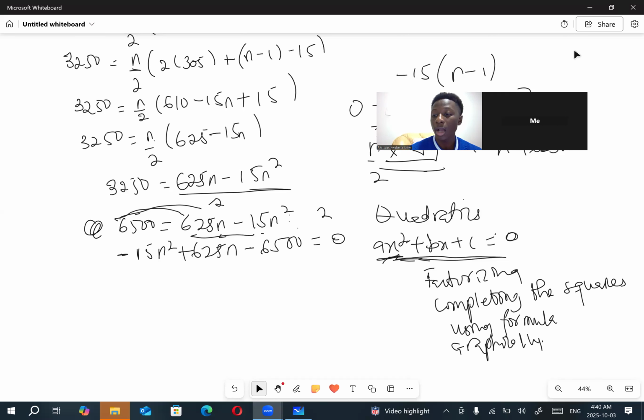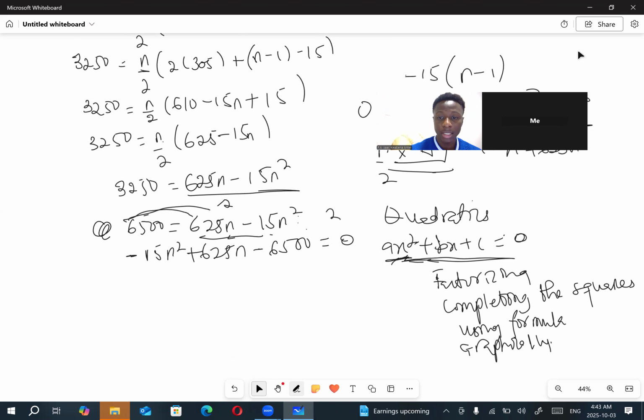Now, in the calculator, all the boxes have headings. The A is whichever one holds the square, the coefficient of n squared. So the A is negative 15. You punch negative 15, then press equal to. It will jump to the next box.